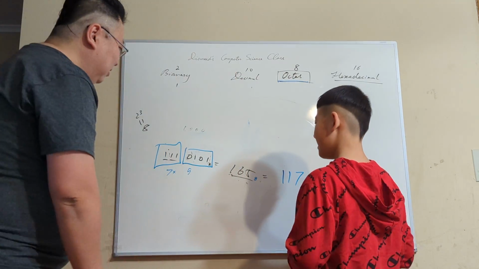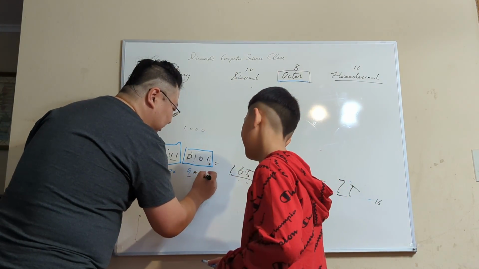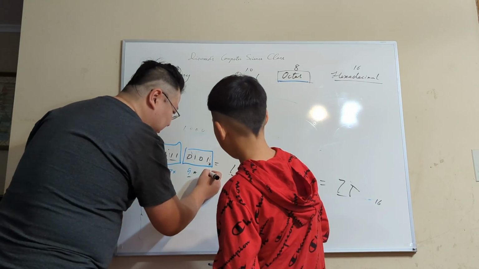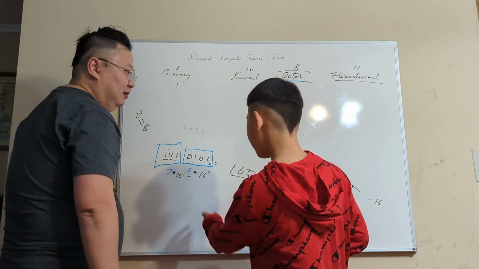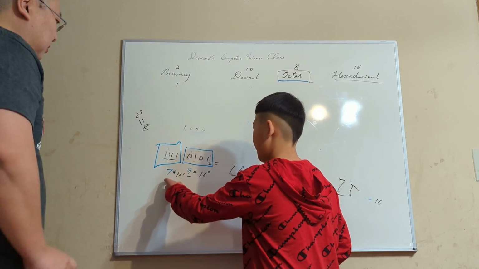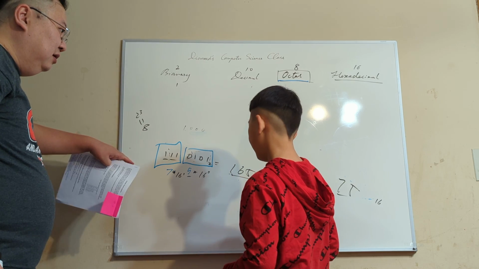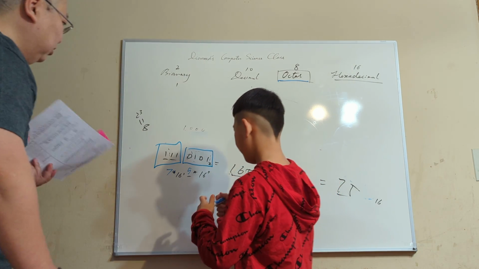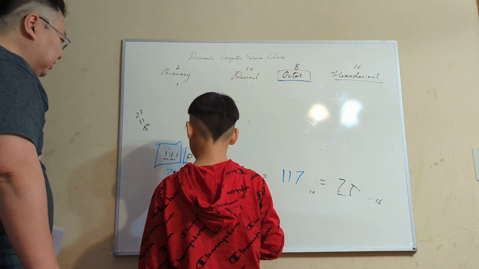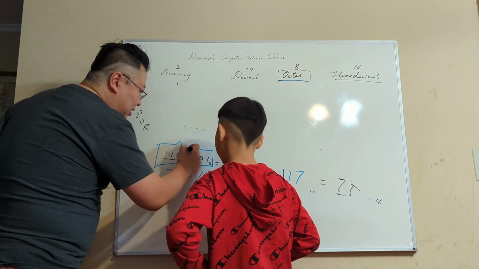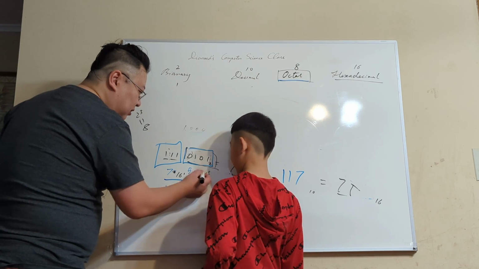Because this one means 5 multiplied by 16 to the power of 0. This is 7 times 16 to the power of 1. Look, 16 to the power of 1 is 16, so 7 multiplied by 16. These 4 digits are based upon 16 to the power of 0.